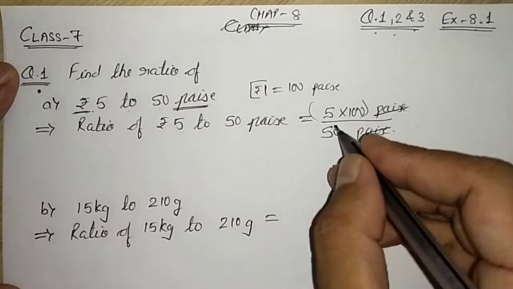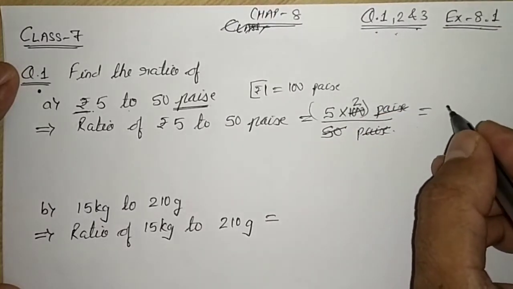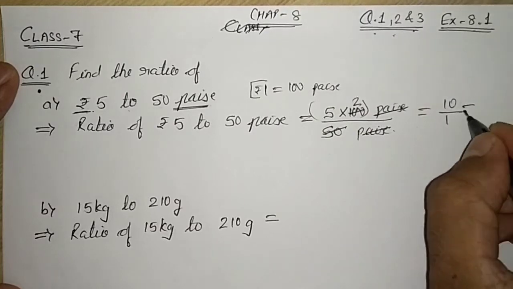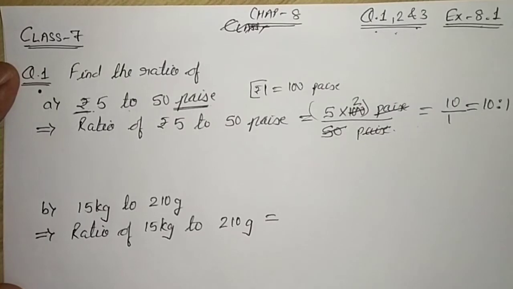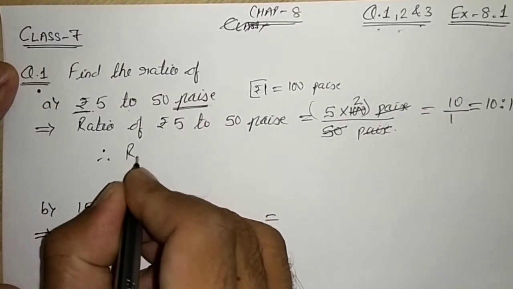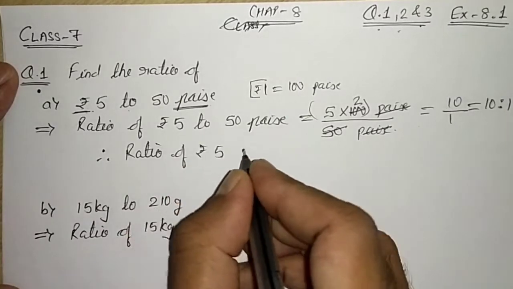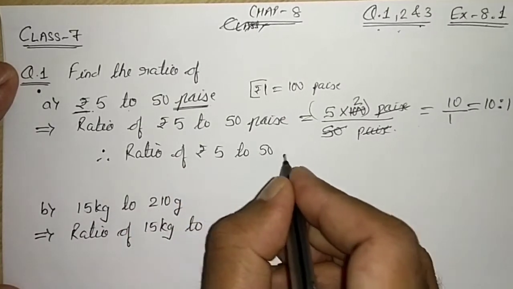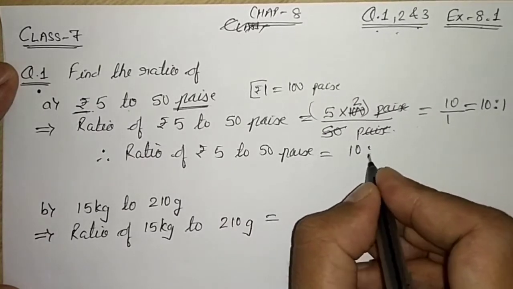Paise will cancel out, 5 times 1 and 5 times 2. So we will get 10 divided by 1, which can be written in the ratio form 10:1. So we will write, therefore the ratio of rupees 5 to 50 paise is equal to 10:1.